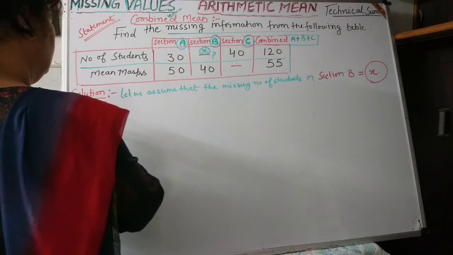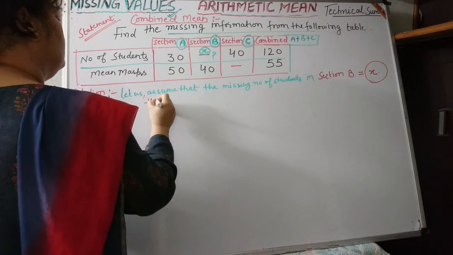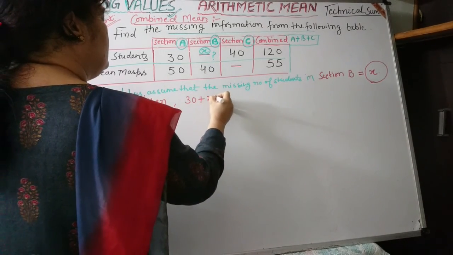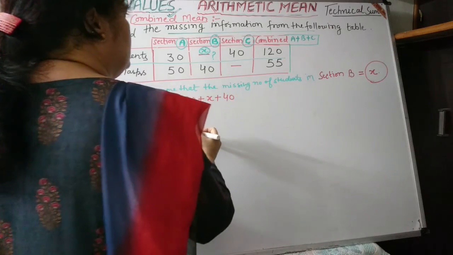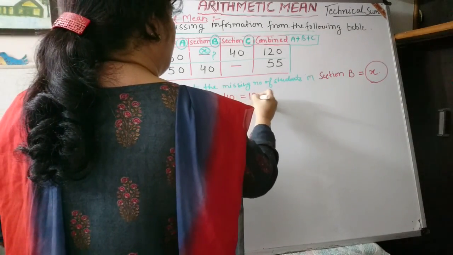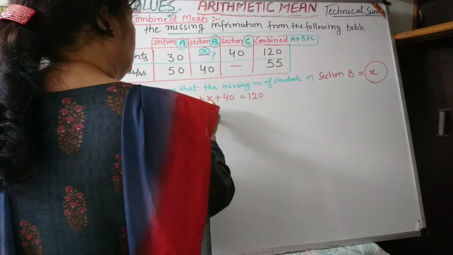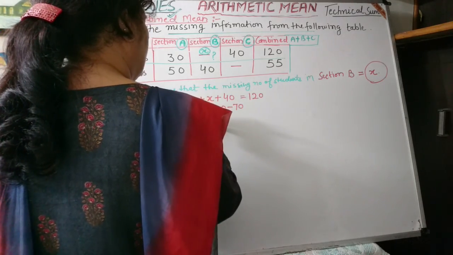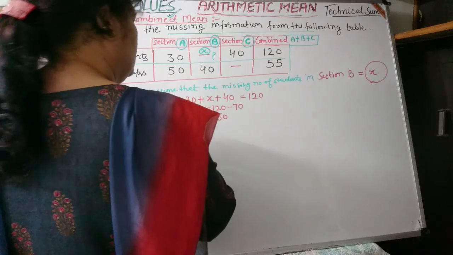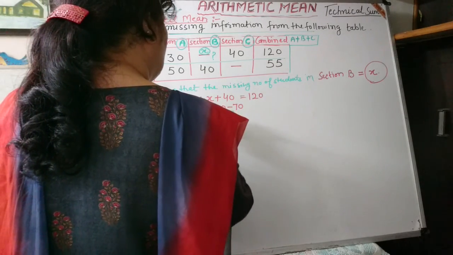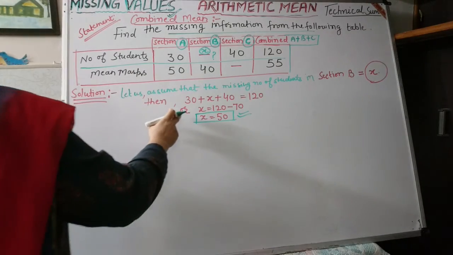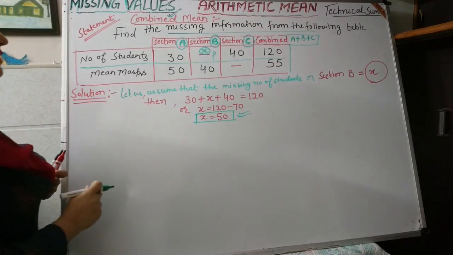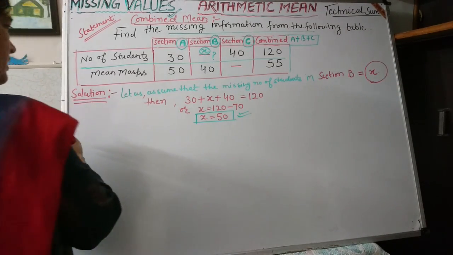Then 30 plus x plus 40 would be equivalent to 120, or x is equal to 120 minus 70, or x is equal to 50. So this is the value of x which we have derived by assuming that the number of students of section B is x.